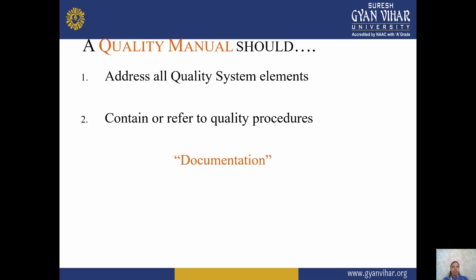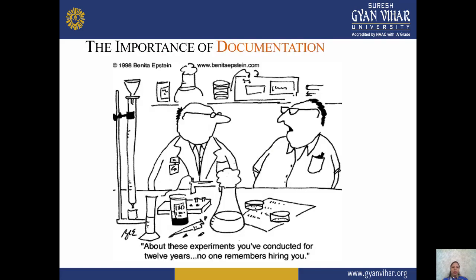The quality manual should address all quality system elements, and contain or refer to quality procedures, that is, documentation. The importance of documentation: about these experiments you have conducted for 12 years, no one remembers hiring you.